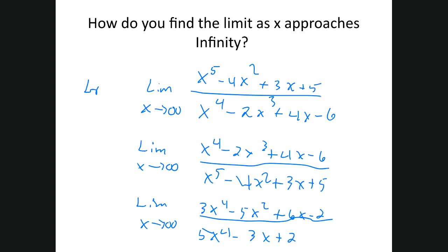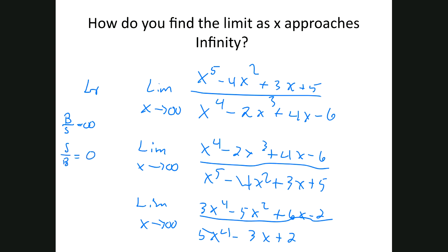Caleb must have remembered this from last year. If you're taking the limit as x approaches infinity, if you have a big exponent over a small one, your answer is infinity. If you have a small over a big, your answer is 0.